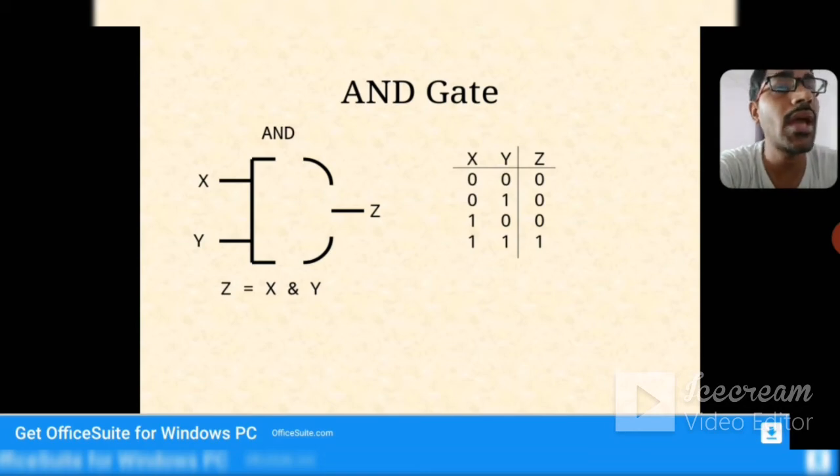We can have multiple inputs in an AND gate. That means the AND gate can have more than 2 inputs. In those cases, only when all the inputs are 1, then we are getting 1, otherwise if at least one input becomes 0, then the whole output is 0. This is the case of the AND gate.